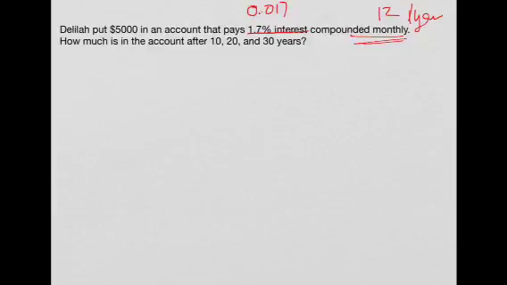So, using our growth by a percentage, we know that our ratio, what we're going to multiply each time by, is going to have to be 1 plus, because it's interest and we're growing. My interest rate is 0.017 divided by 12, because she's going to get 1/12 of the interest every month. And this is going to just give us 1 month.